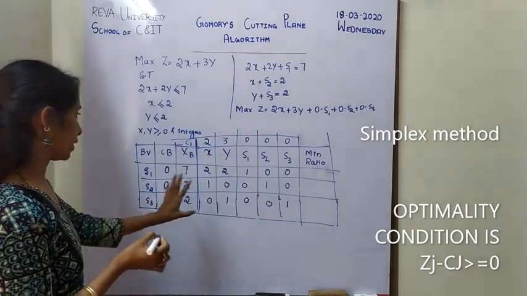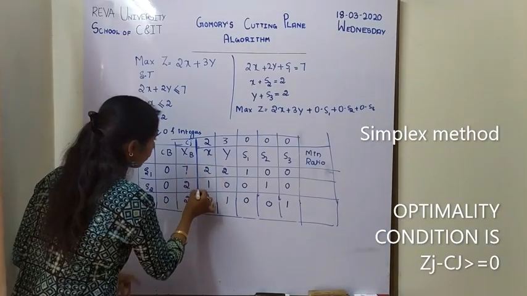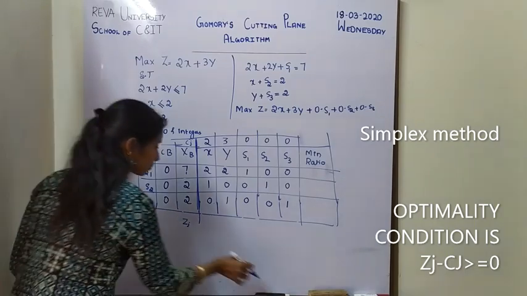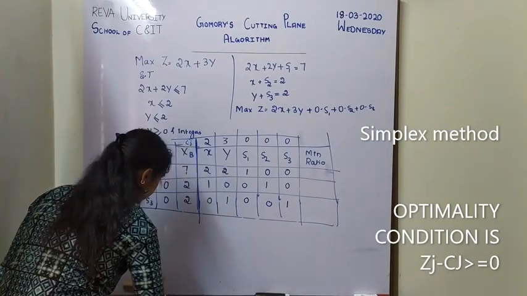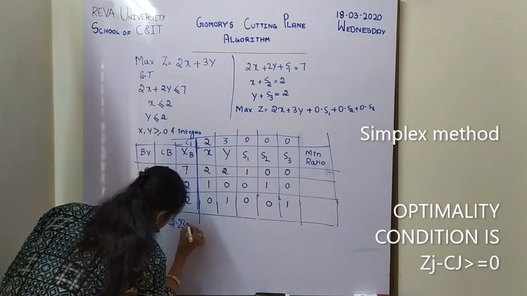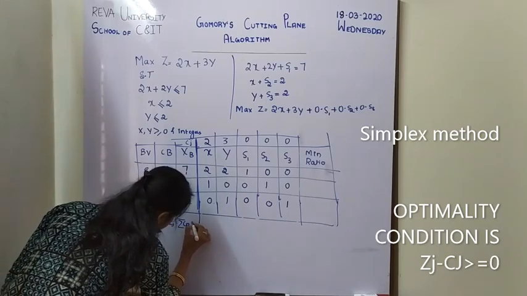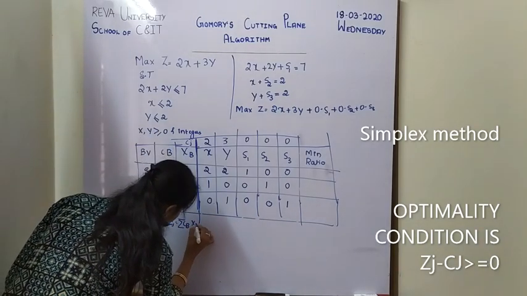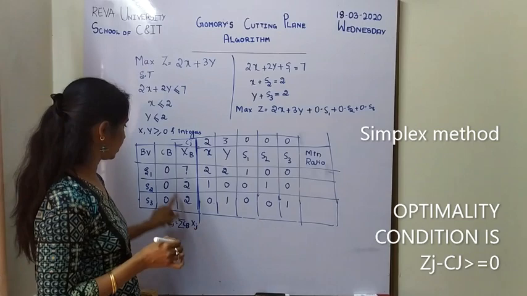Now, after filling this table, you have to find out Zj. What is Zj? Zj is the summation of Cb into Xj, or generally Aij.